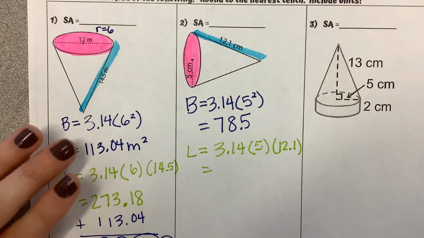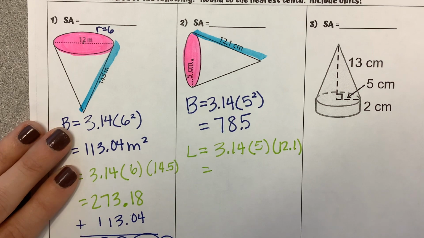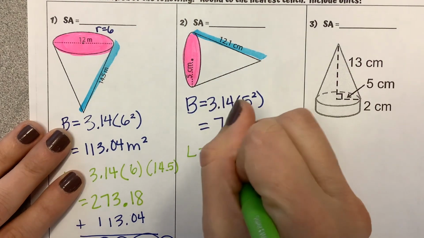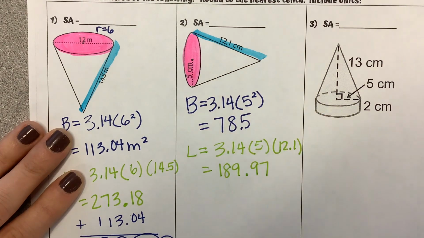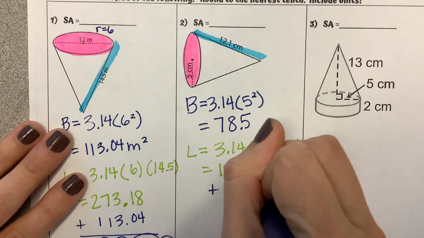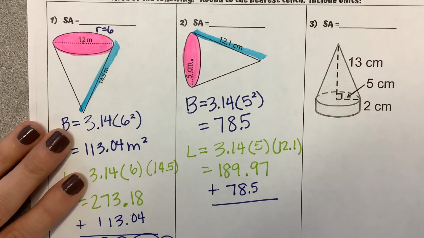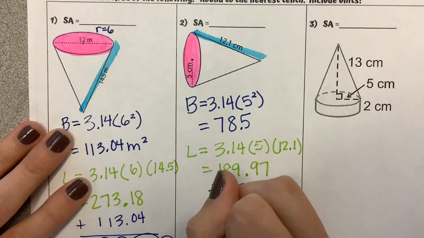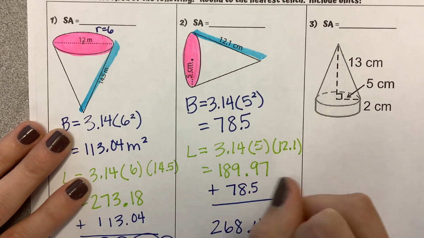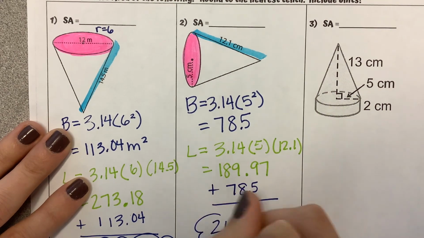When I plug that into the calculator, I get 189.97, and I add these together, and I get 268.47 centimeters squared.